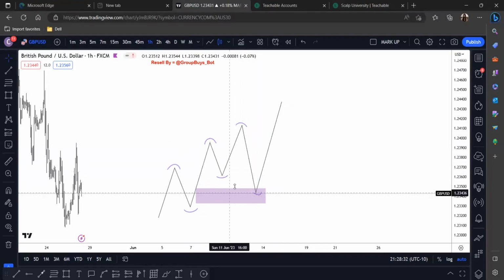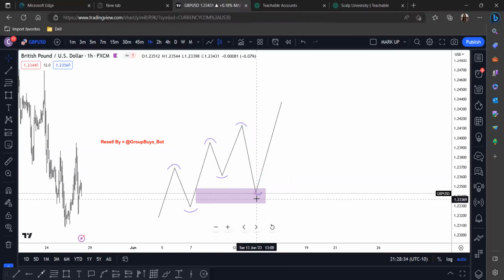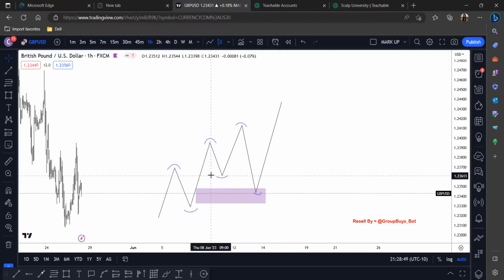Whatever your POI is, and we have some sort of reaction to that POI, then we can almost assume that this will be a good area to get in for continued buys or continued sells, depending on what the direction of the trend is. So this is exactly how you would read liquidity. We always want to look at something under swing lows and under swing highs.